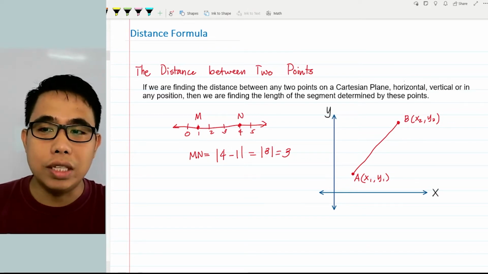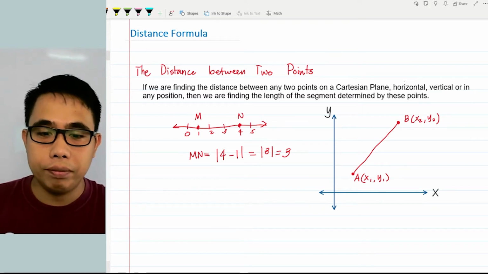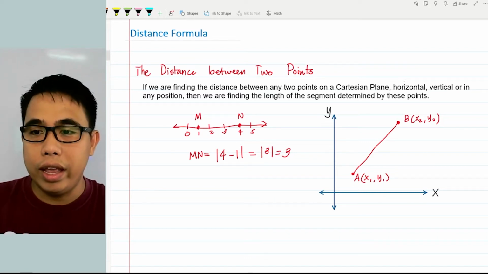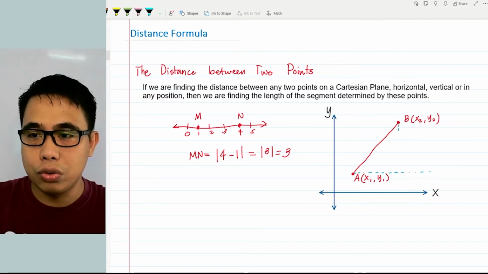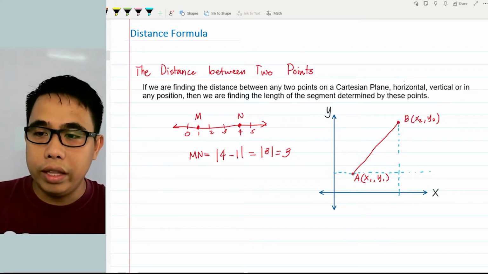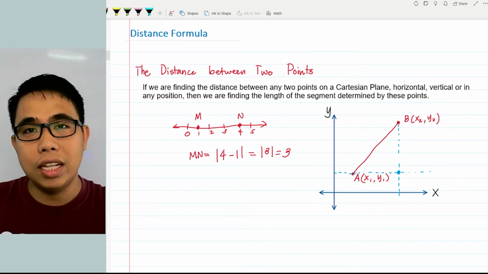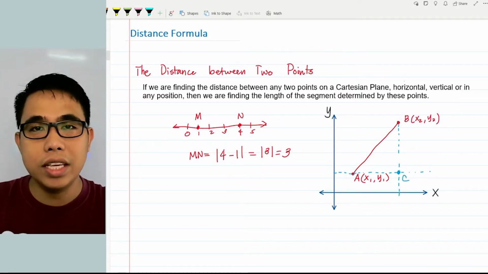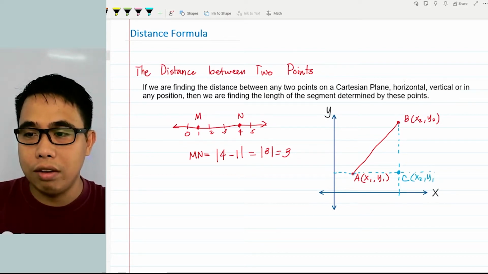Now, going back to the distance between 2 points, point A and B, let's draw a horizontal line through A and a vertical line through B. And let's consider the point of intersection of these 2 lines, the horizontal line and vertical line, to be point C with coordinates x sub 2, y sub 1.